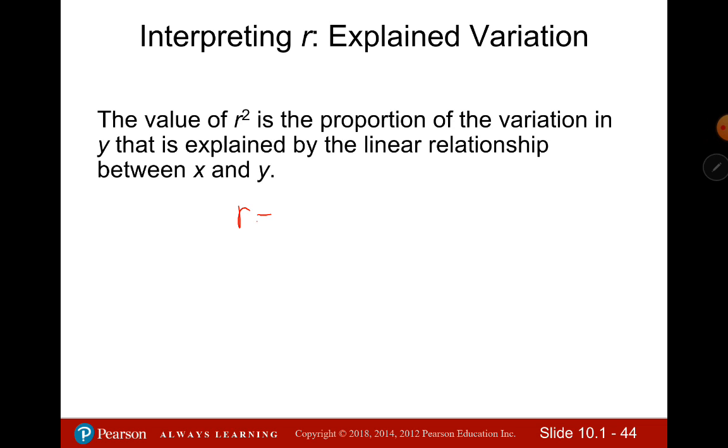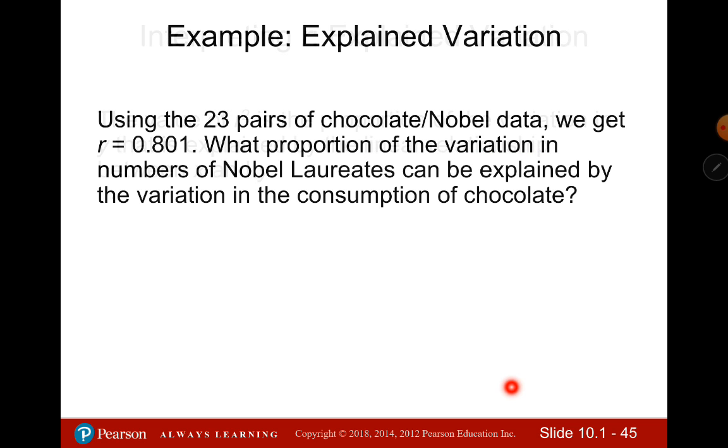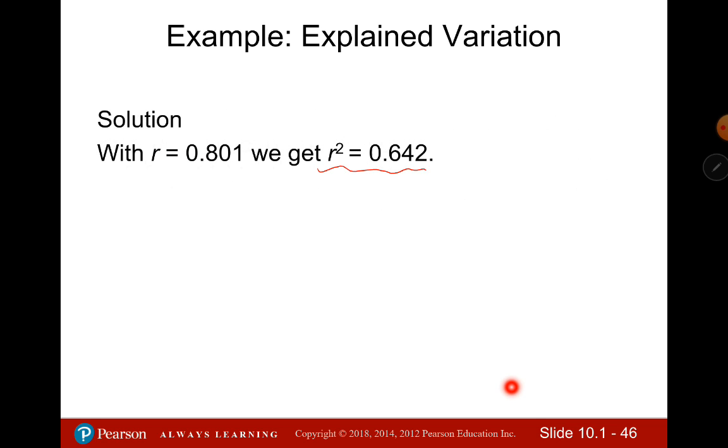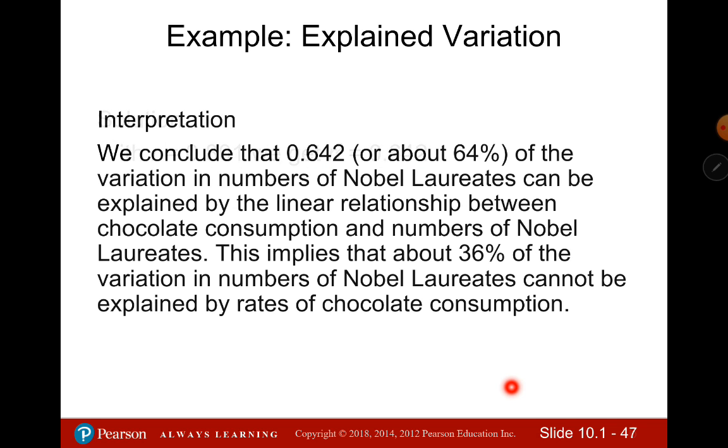We know if we have this as our R value, we will use the R squared to explain the linear relationship between X and Y. We will use the R squared value.